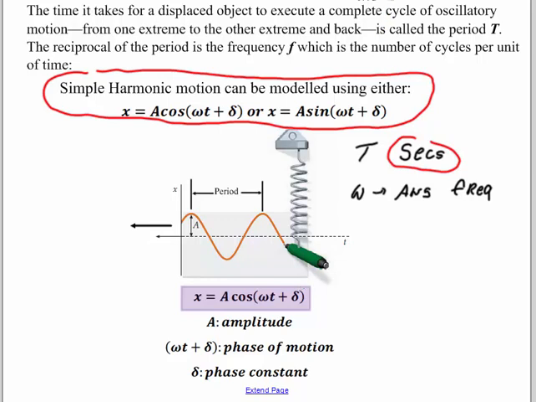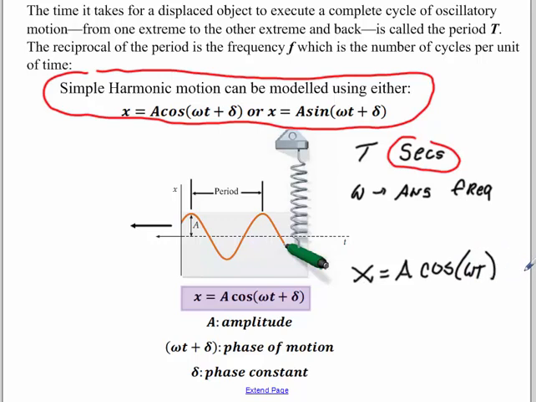One of the things I'm going to recommend is that if you're modeling these systems and I pull the object back and release it at time equals 0, then your equation is going to be easier if you model it as position equals A, your amplitude, meaning how far you displaced it, times the cosine of omega t.